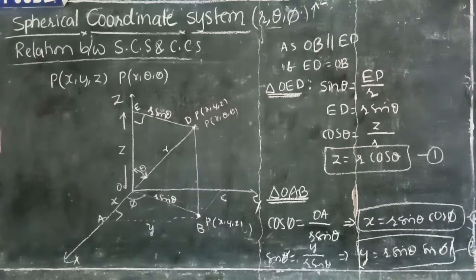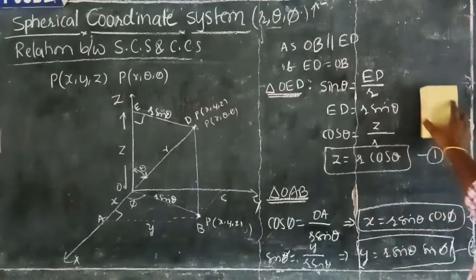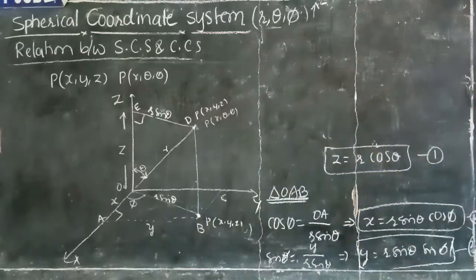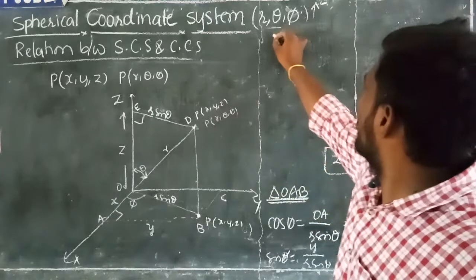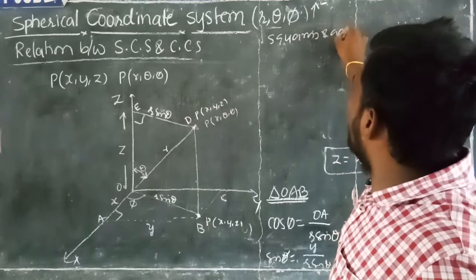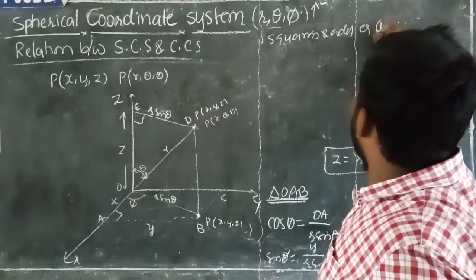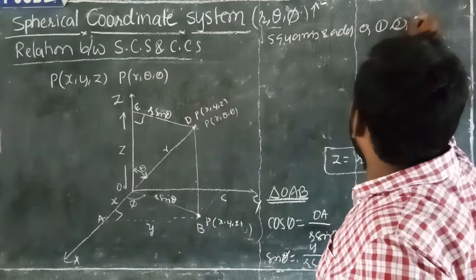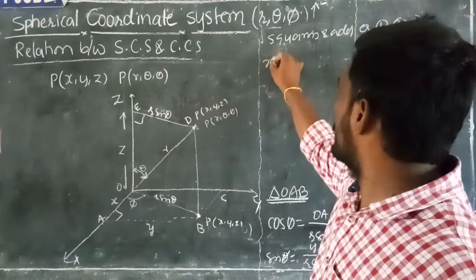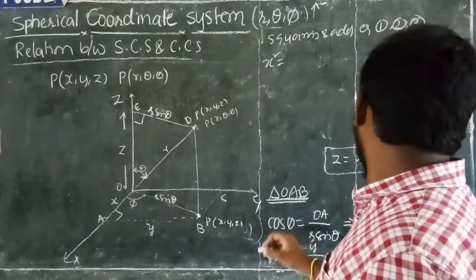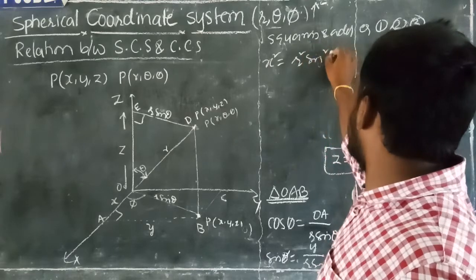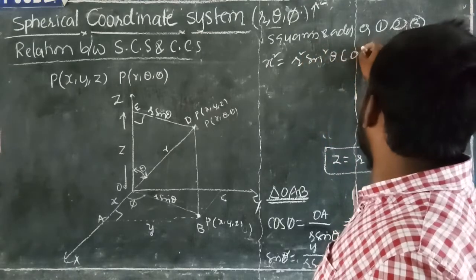Now the next step: squaring and adding equations 1, 2, 3 on both sides. So x square equals r square sin square theta cos square phi.